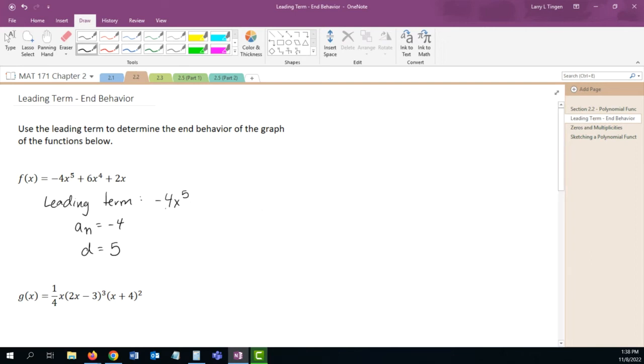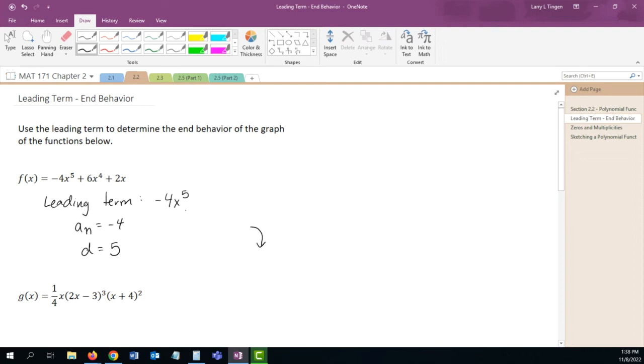Okay, so take a positive number, raise it to the fifth power. That's still positive. So take 100, raise it to the 5th power. All right, that's gigantic. Take 1,000, take 1,000,000. And then when you get done, multiply by negative 4. Well, so as x gets larger and larger, I'm diving for negative infinity.